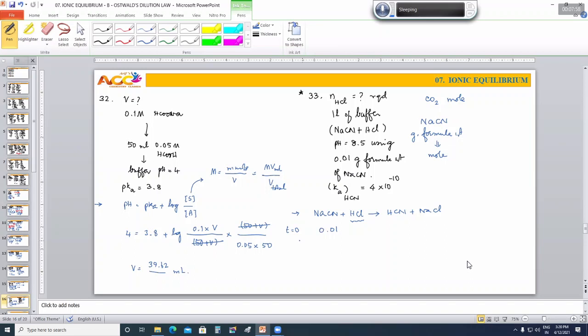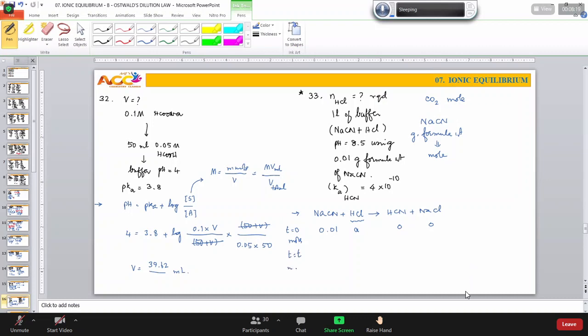So we'll take number of moles of HCl required, but I am saying this must be limiting reagent. Therefore, let us say I am having A moles. He's asking that one, therefore A moles. This is 0, this is 0. But our concept is, sir, A is taken as a required quantity, but this A must be limiting quantity.